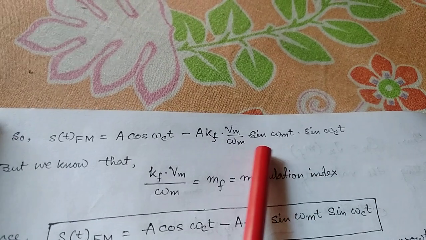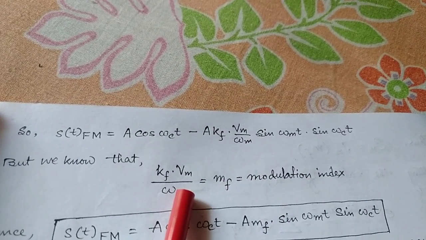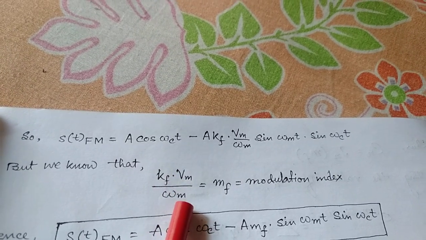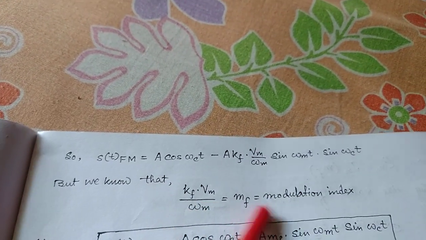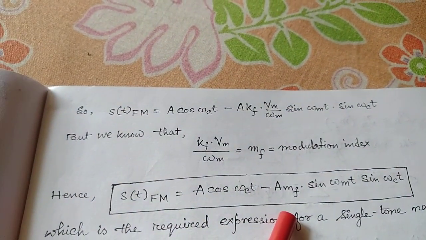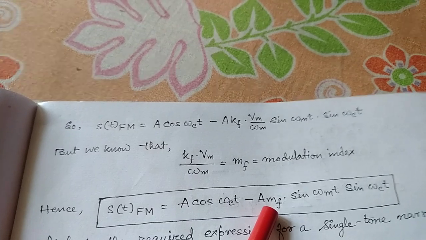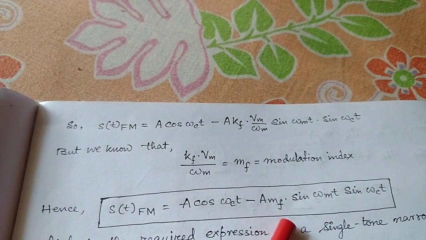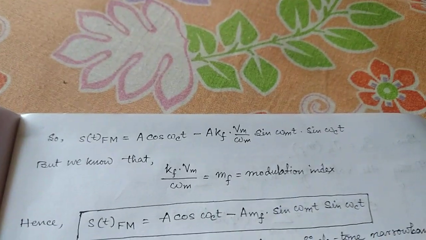And already we have discussed the modulation index of that FM, which is Kf Vm by omega_m. Kf Vm was the delta omega, so delta omega by omega_m is my modulation index, and it would become like this: A cos omega_c t minus A mf sin omega_m t into sin omega_c t. So that's how we can generate the narrowband FM.